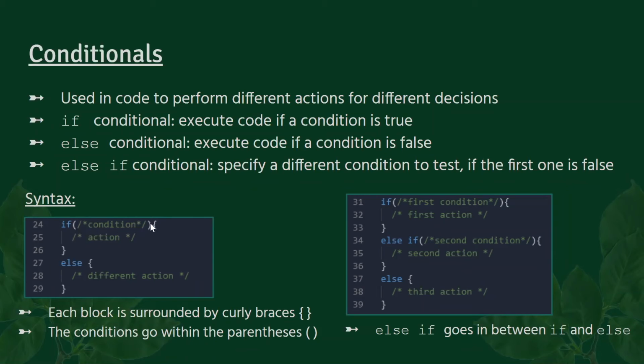Not everything here has to be a boolean, but let's think of it this way. If the condition set in these brackets has been met, so if the criteria of the condition have been met, then the code under it will execute.